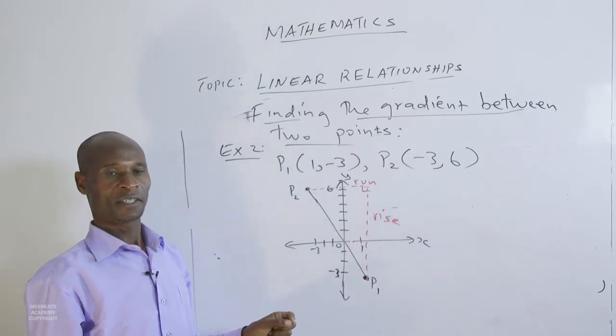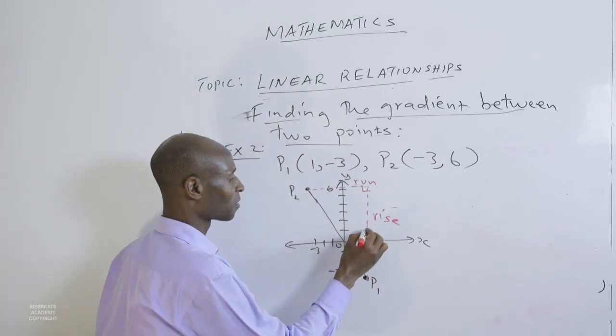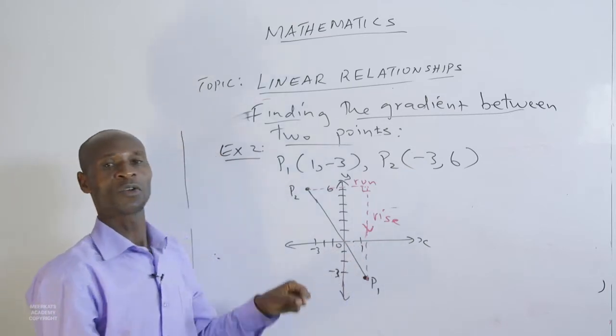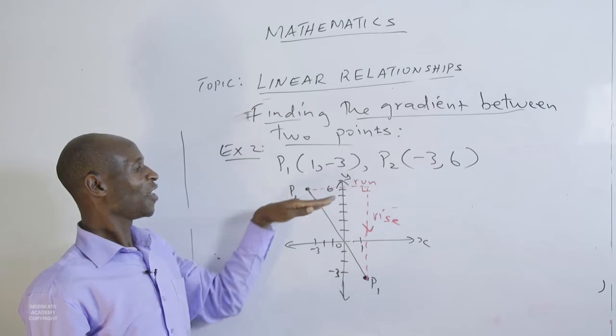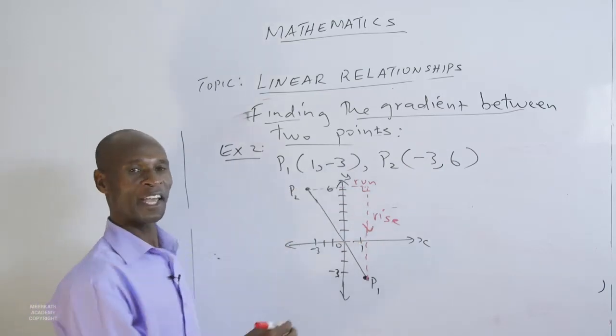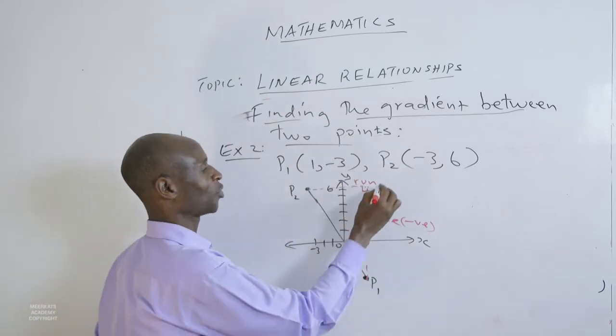In this case, the rise is dropping, so there is a drop, while the run is always positive. So our rise will be negative, while our run is just positive.